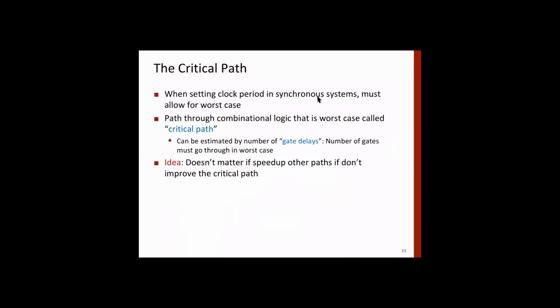Something that's important is the critical path. If the critical path is long and there are other shorter paths available, it doesn't matter, right? Because the critical path has to be considered, as this is the worst case delay that can happen between two registers. All right.